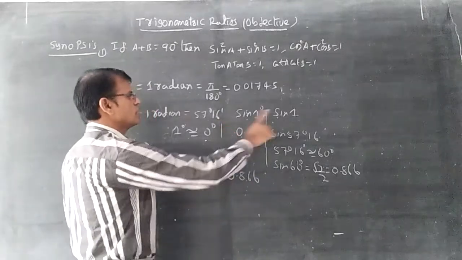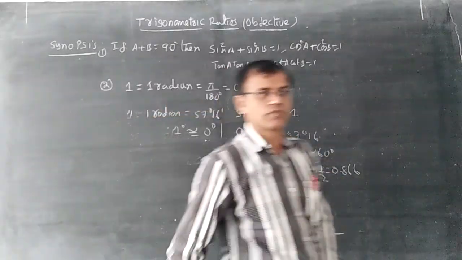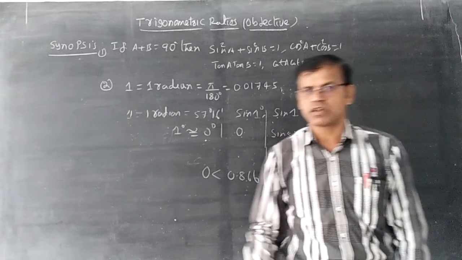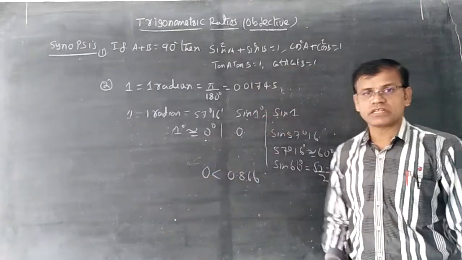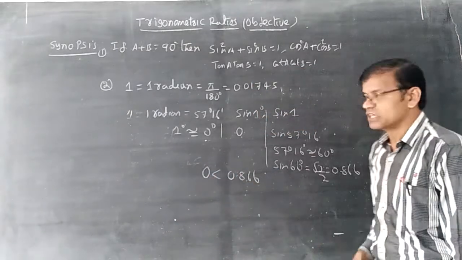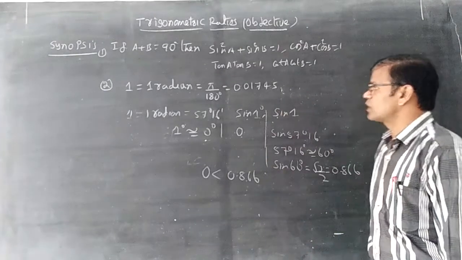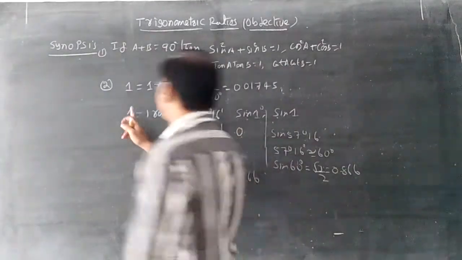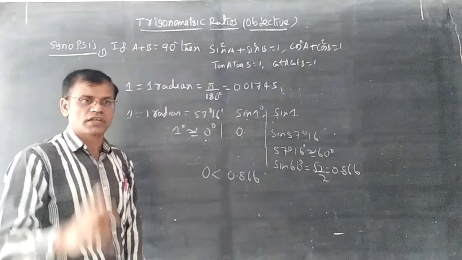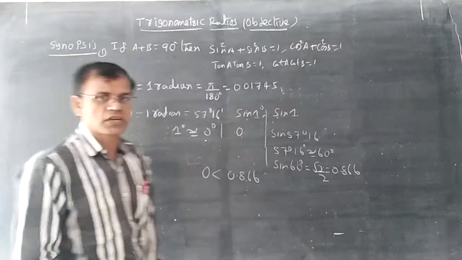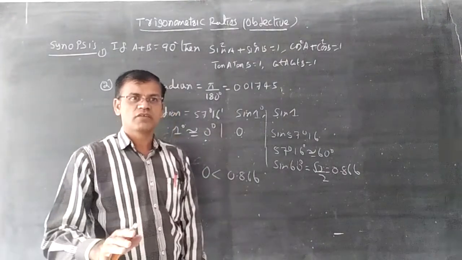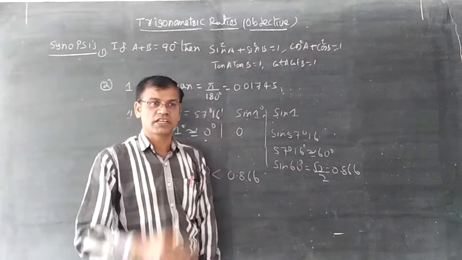Whenever they give sine 1 degree and sine 1, or in a similar way cos 1 or cos 1 degree, secant 2 or secant 2 degree, every time you should understand that 1 simply means 1 radian, it is not degree. That is why we should mention, for example, sine 90 degrees.